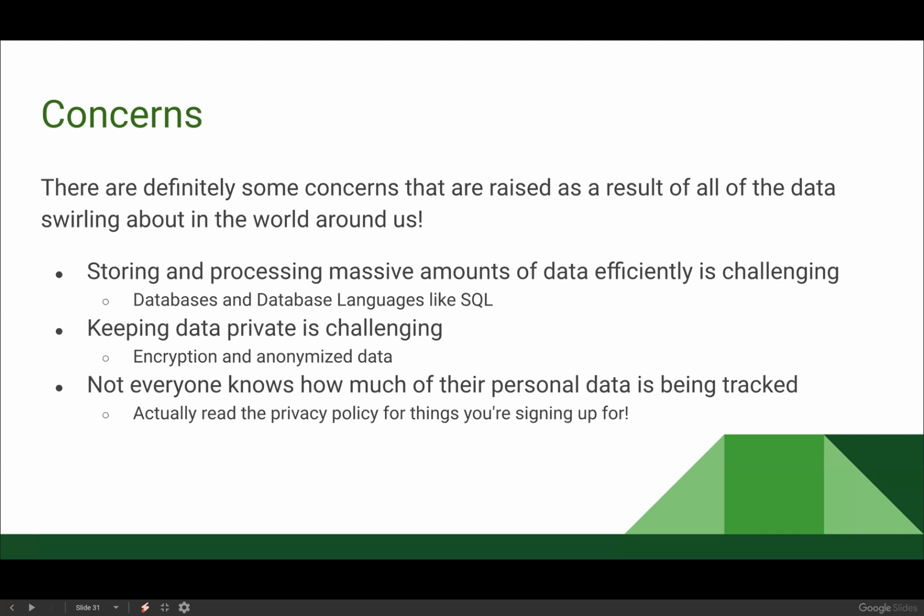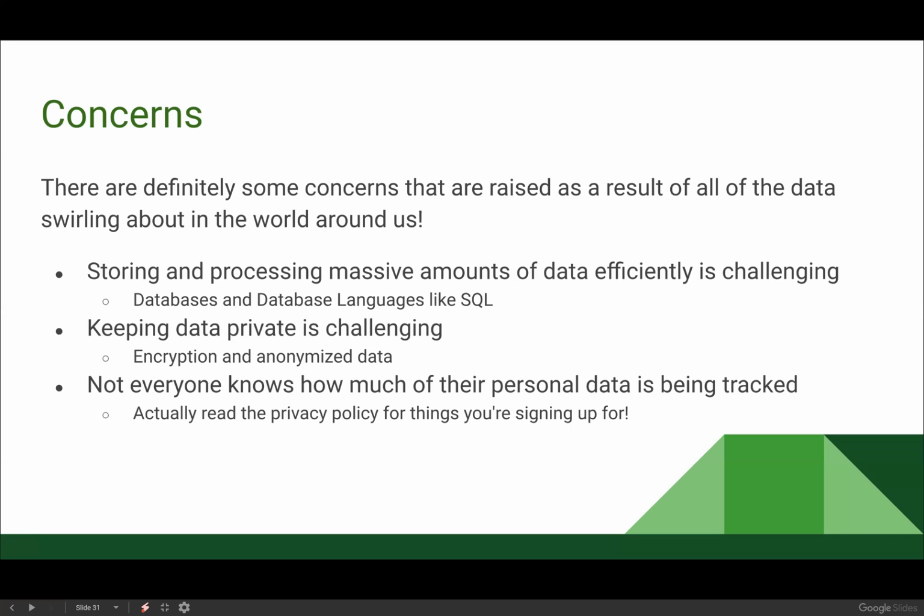Like social media, they are collecting all of the information that we give it and then probably selling it to advertisers or other people online who might want to know more information about us. So reading the privacy policy can let you know what exactly it is that you're signing up for, what information about yourself you are signing away by signing up.